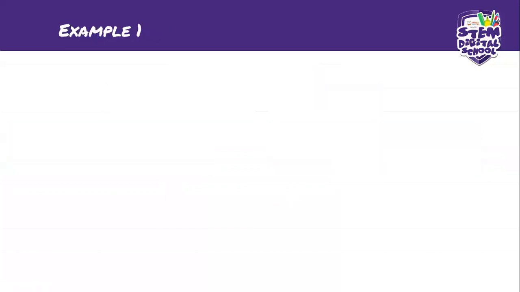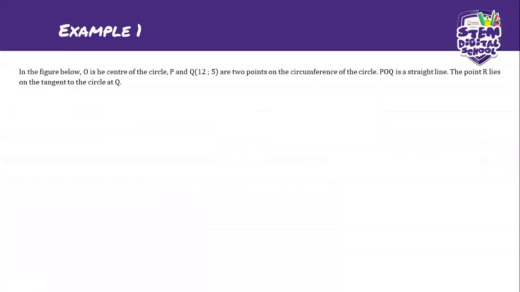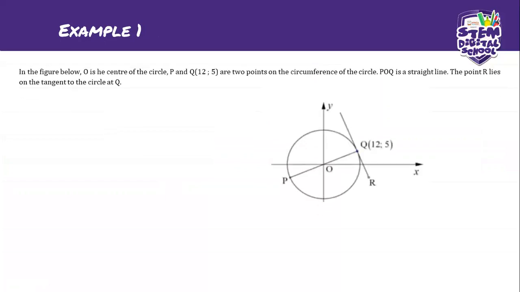Okay, we are now having example 1. Let's see what is in example 1. It says, in the diagram below, O is the center of a circle, and P and Q (12;5) are two points on the circumference of the circle.